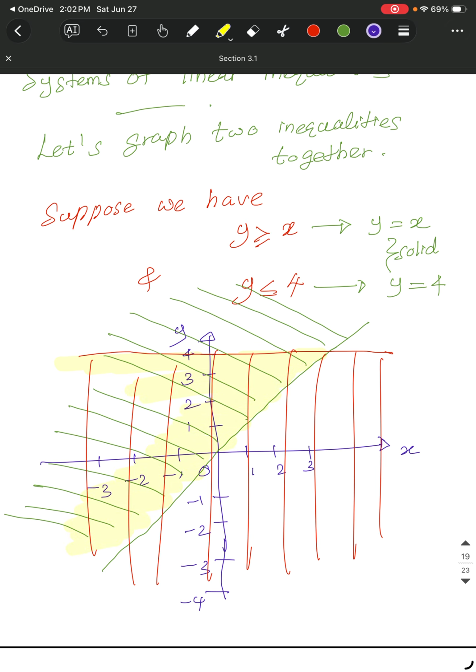Here we can see the two solution regions are overlapping, right? So this is called the feasible region. So only points that satisfied both inequalities belong to the solution in this feasible region.